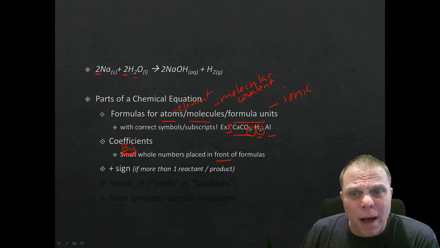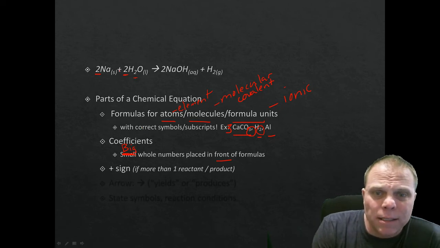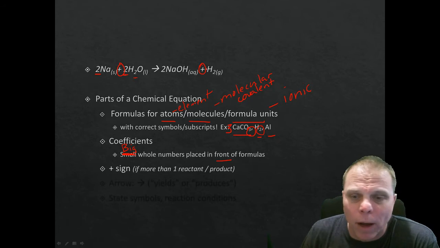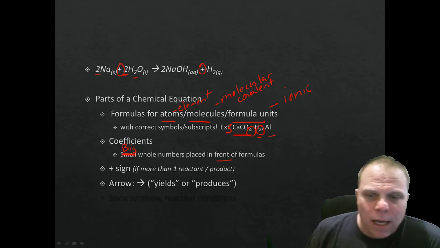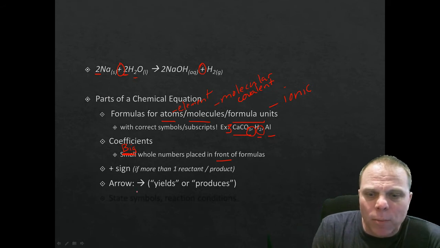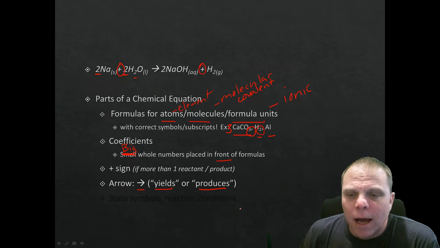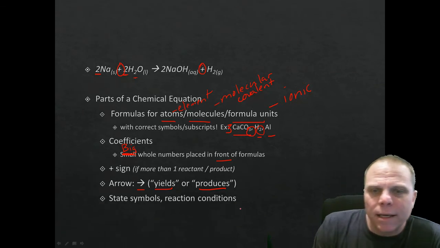Remember that we're going to need a plus sign to indicate that we're adding these things together, that they're mixed together in some way, right, that we have more than one reactant or product depending upon where it is. The arrow is just another way of representing the word yield or produces or makes, right? And so then the other thing we're going to add is the symbols. Now, the symbols are telling us the reaction conditions.